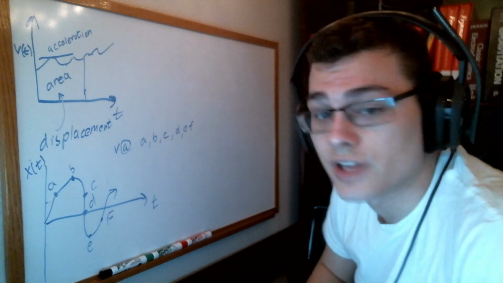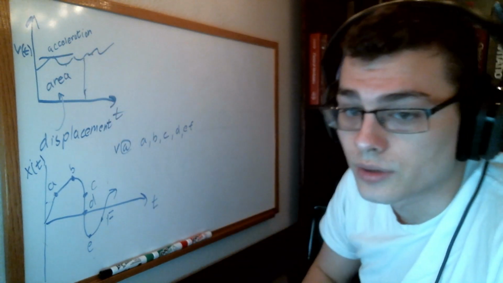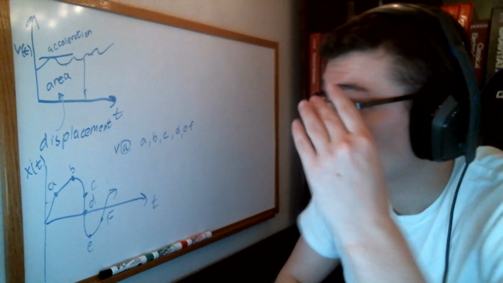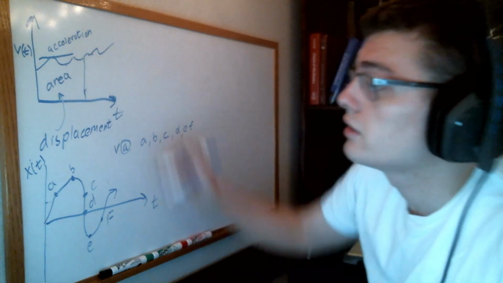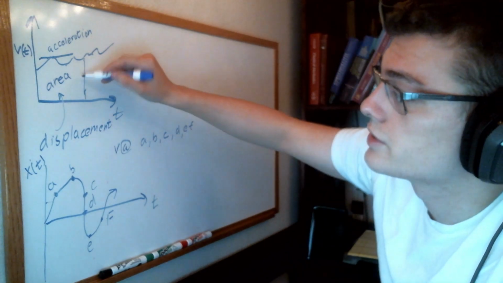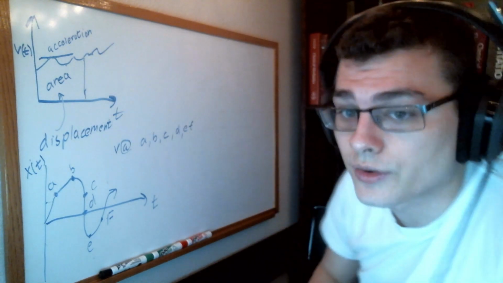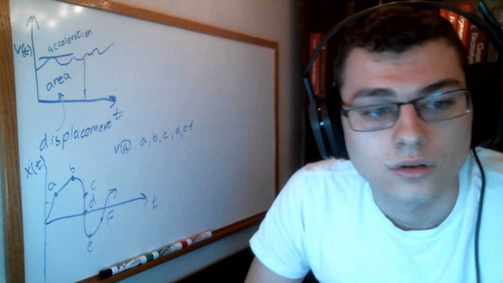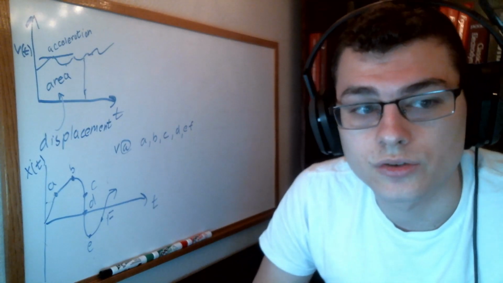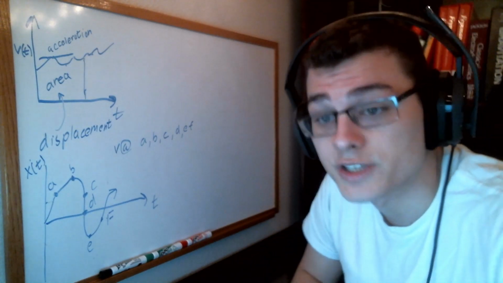You can do that by just taking the derivative of your given velocity function. Other than that, one other thing to note is that the area underneath the curve of your velocity function is going to be equal to the displacement.